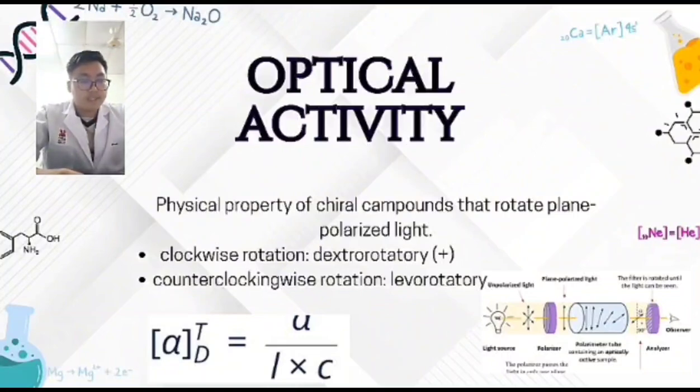When light passes through a solution of a chiral molecule, the plane of polarization rotates, clockwise or counterclockwise.